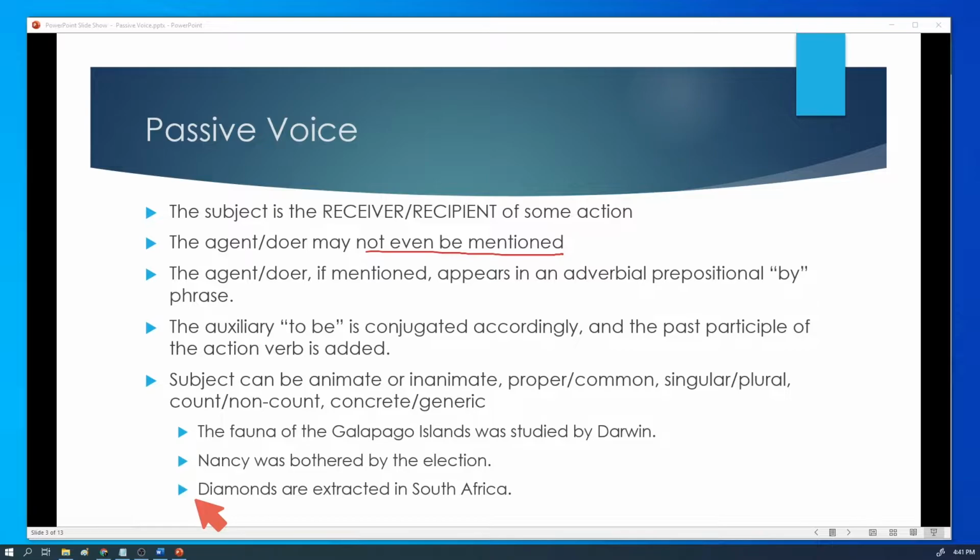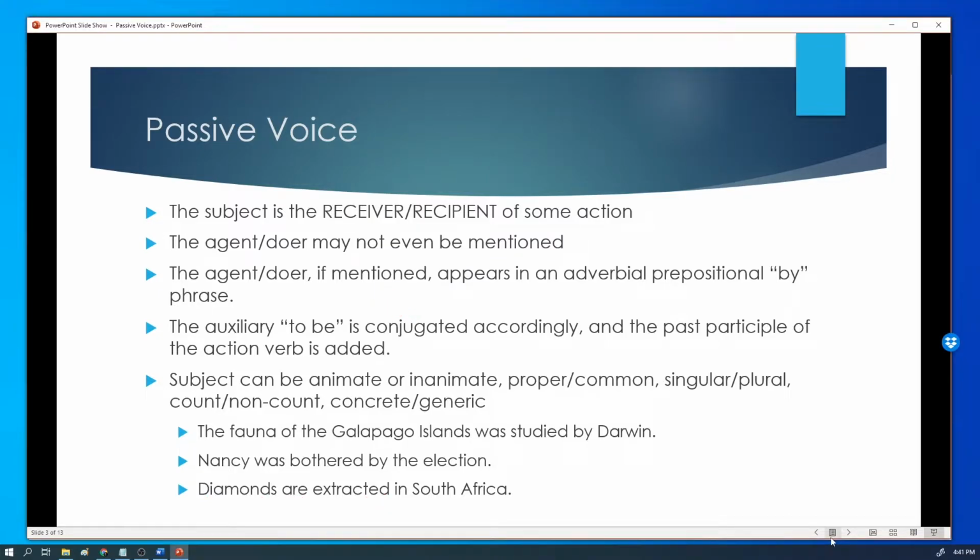Well, we know that diamonds cannot just be collected by anybody, that we need specially trained people to take the diamonds out of the earth. So we can guess that those are going to be miners or engineers or something like that. So we don't have to say the by phrase. So diamonds is the grammar subject, and it is the receiver.